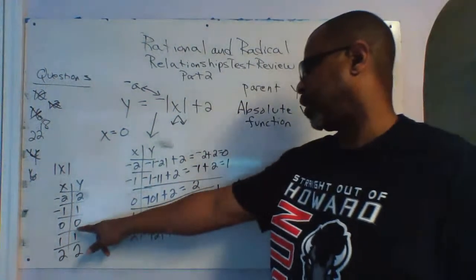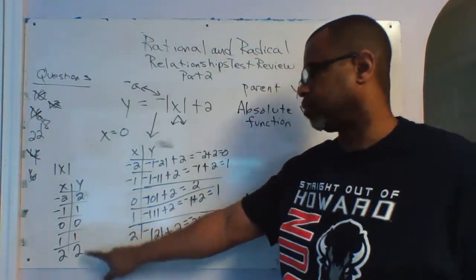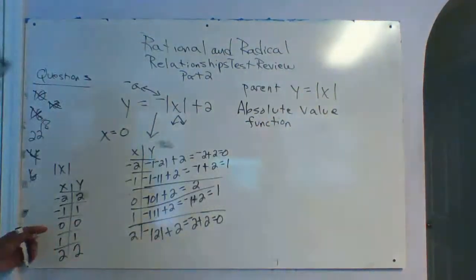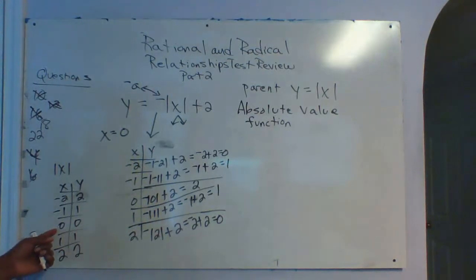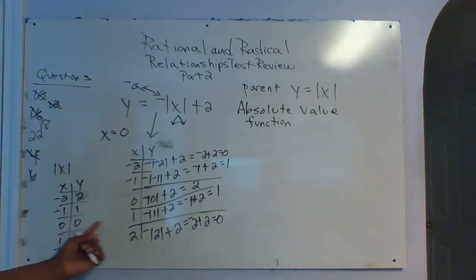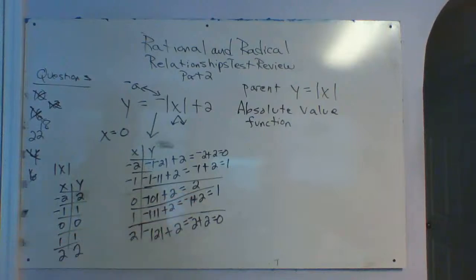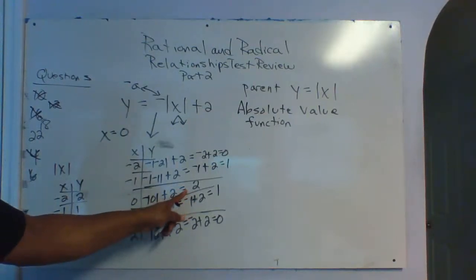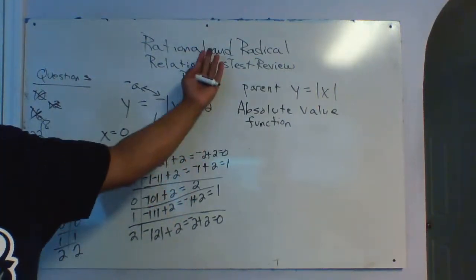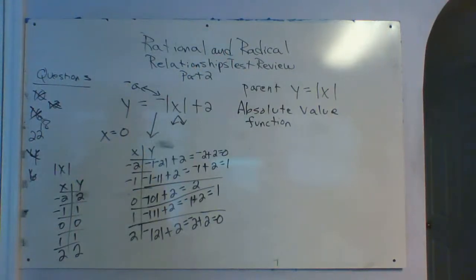But if you look at this, this is your parent function. If I let x equal 0 for the parent function, it'd be 0, right? But if I let x equal 0 for this function, it's going to just be 2 because I have to go up 2.